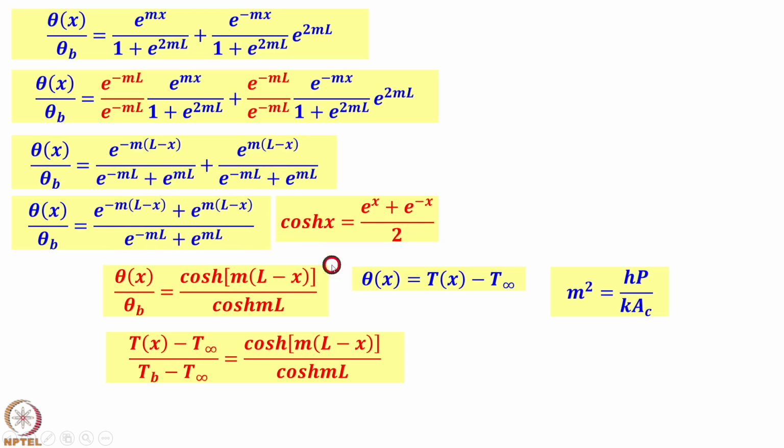We know that cosh x is e to the power of x plus e to the power of minus x by 2. If you substitute this here, you get in the numerator cosh of m(L minus x) and in the denominator cosh mL.